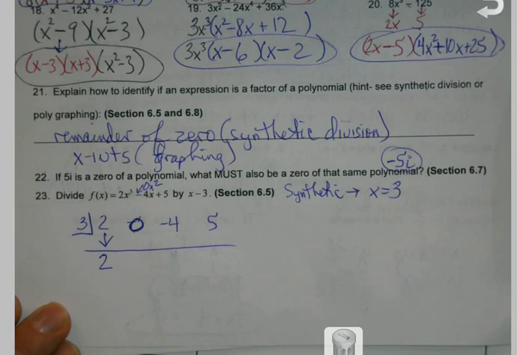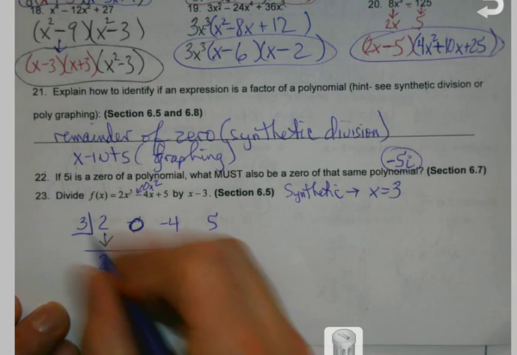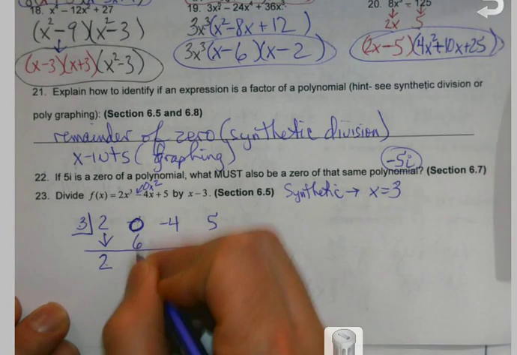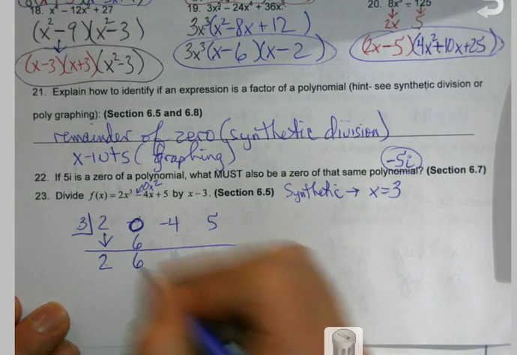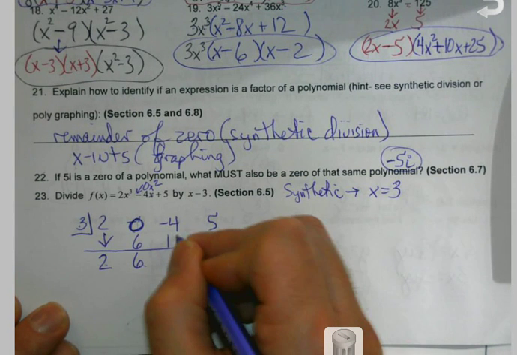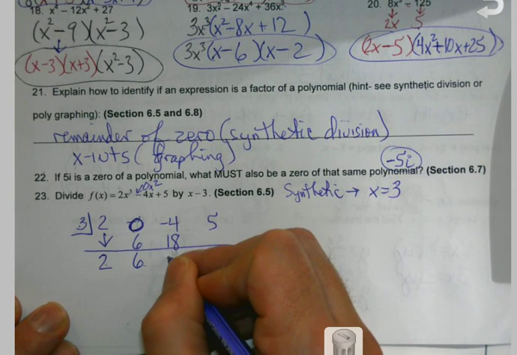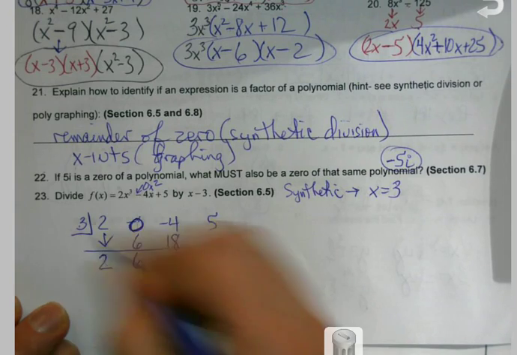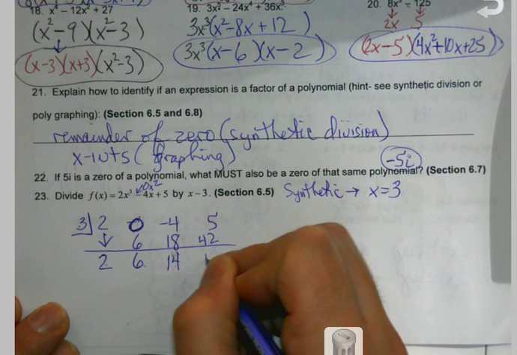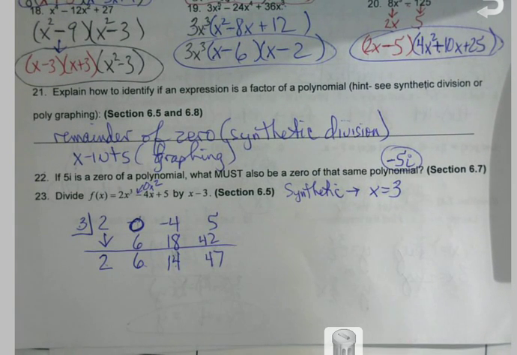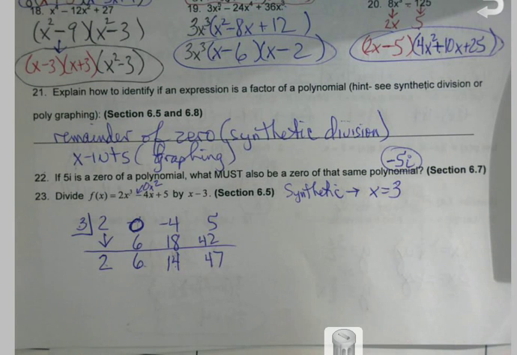So drop down my 2, multiply them, add down. Multiply them, add down, multiply them, add down.